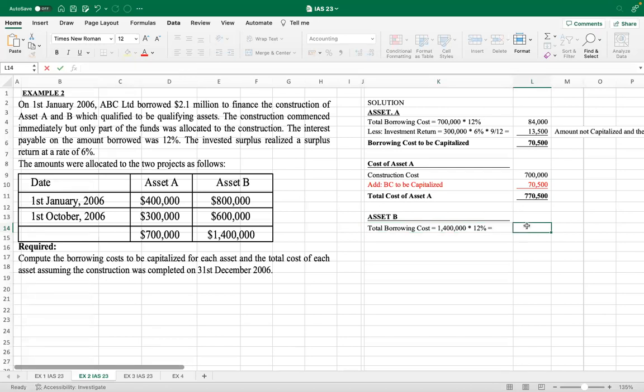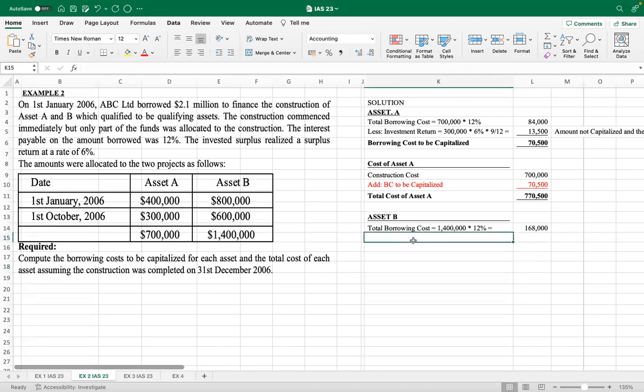So that will give us 1.4 million times 12%. It gives you 168,000. And then you come and less investment return.